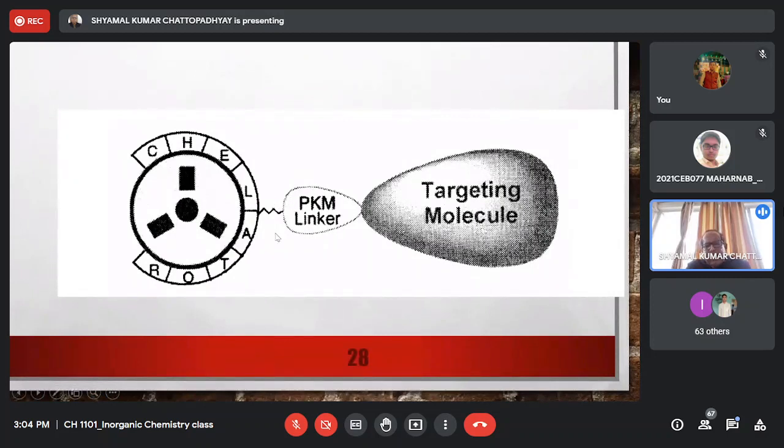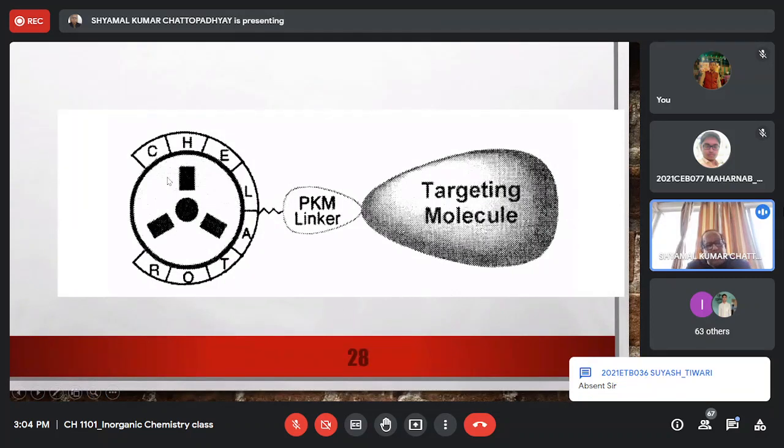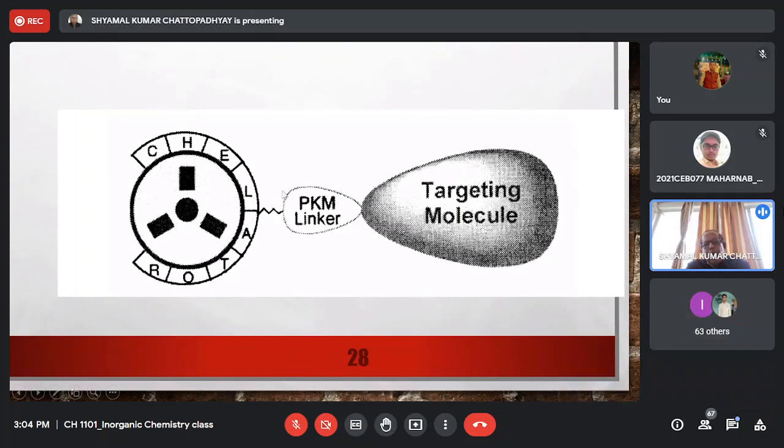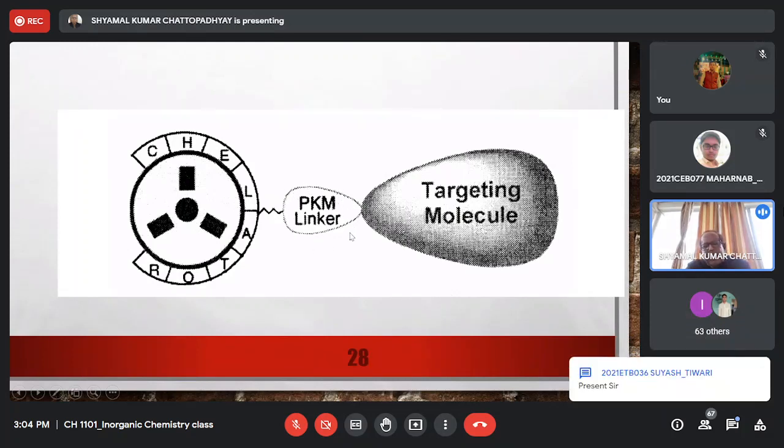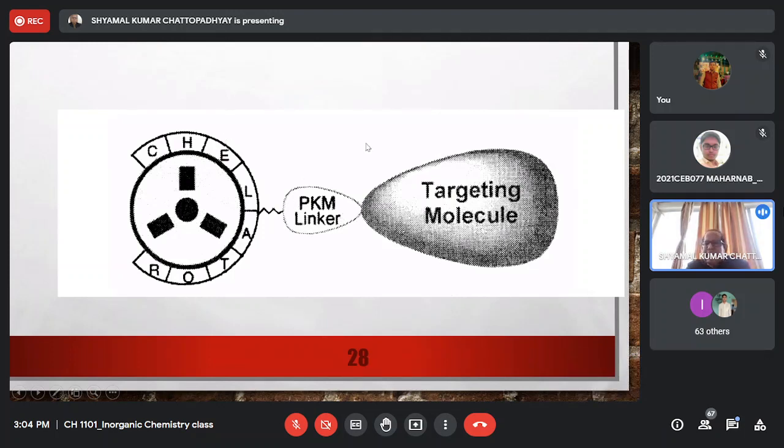So in radioimmunotherapy, people take the radiopharmaceutical, couple it with a corresponding bioimmuno agent which can target a specific organ, and then this molecule is introduced inside the body so that it will bind specifically to the organ which is desired. Okay.